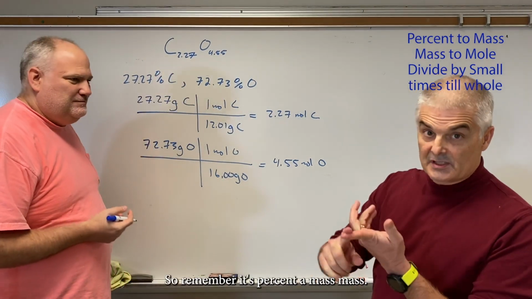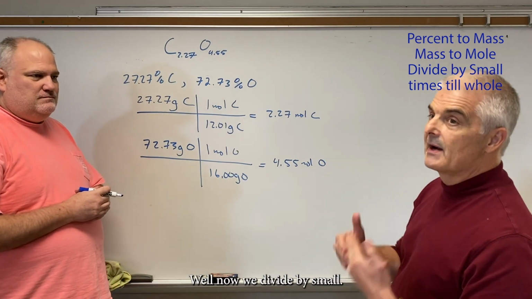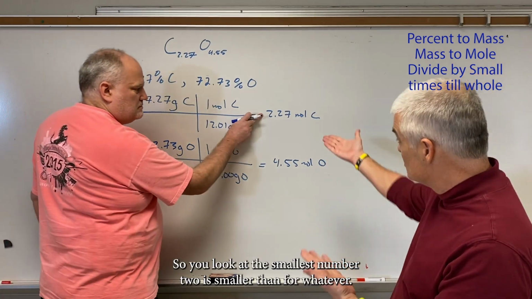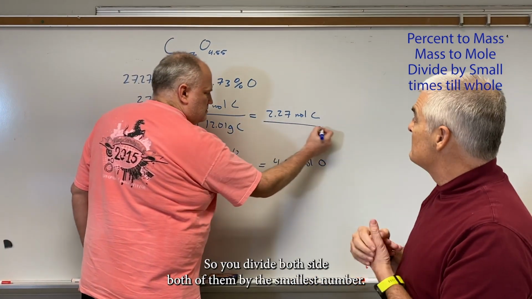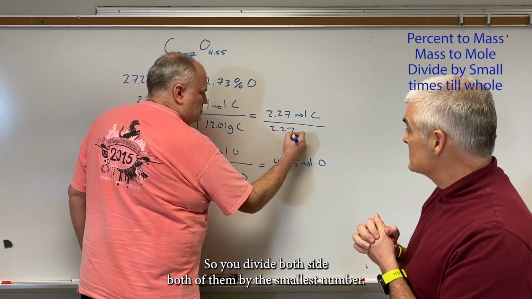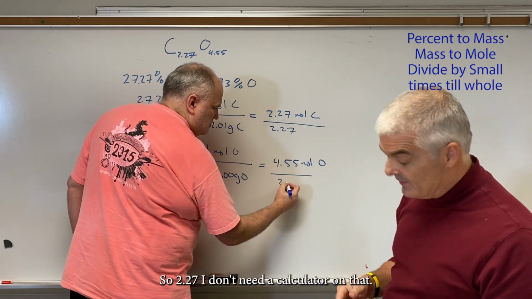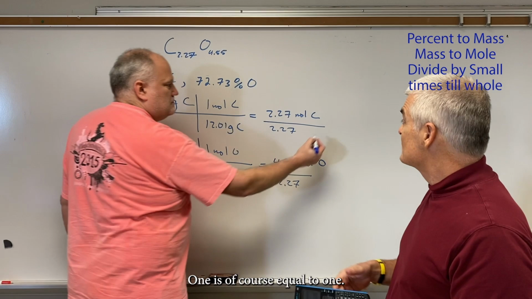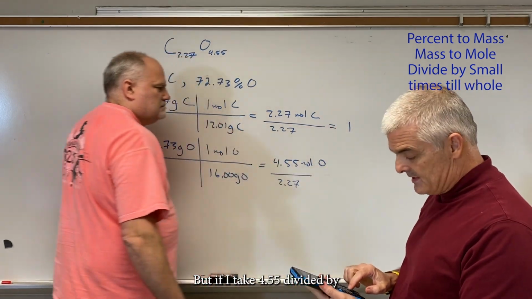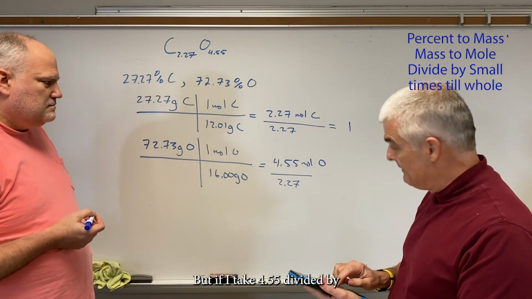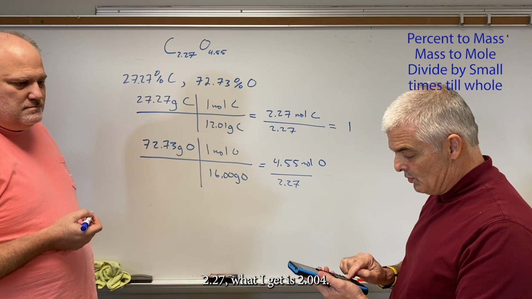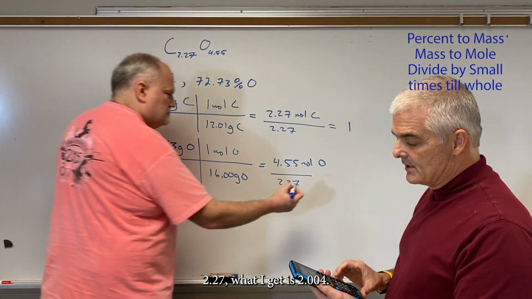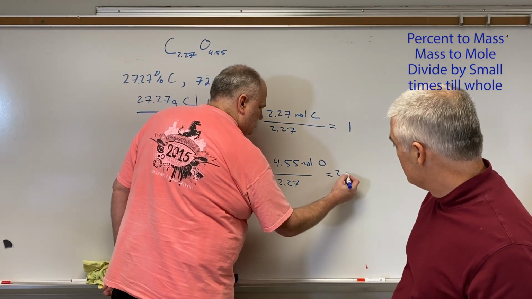So remember, it's percent to mass, mass to mole. Now we divide by small. You look at the smallest number, 2.27, and you divide both of them by the smallest number. So 2.27, I don't need a calculator on that one, is of course equal to 1. But if I take 4.55 divided by 2.27, what I get is 2.004.